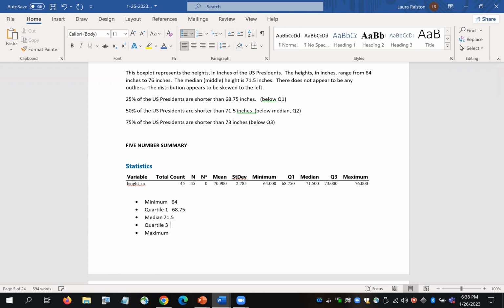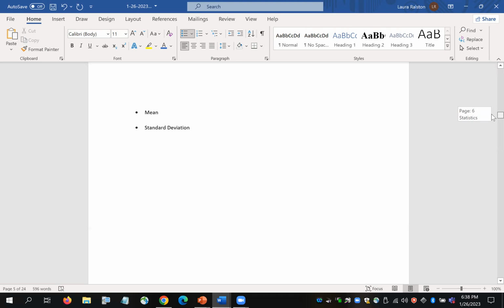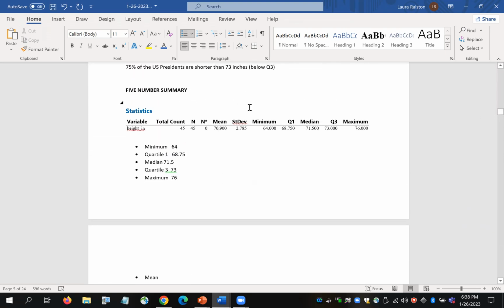Quartile 3 is 73. The maximum is 76. The mean is 70.9 and my standard deviation is 2.785.